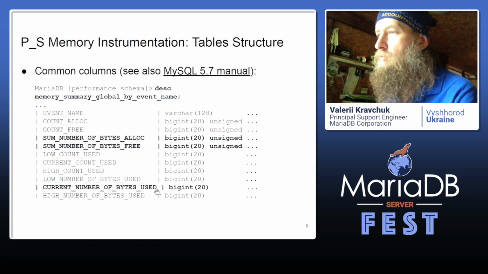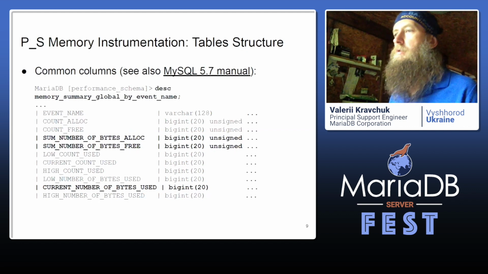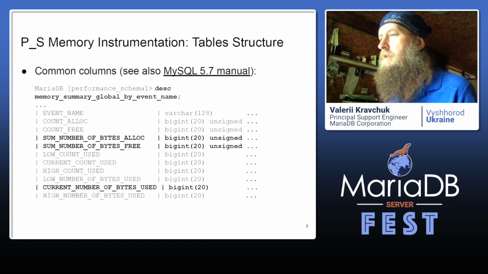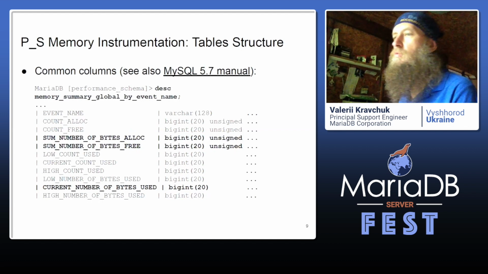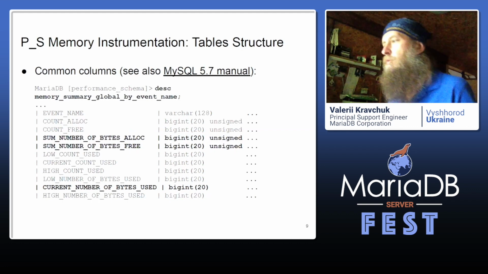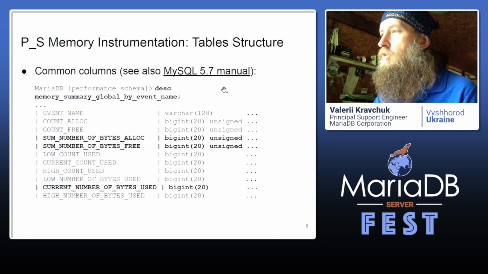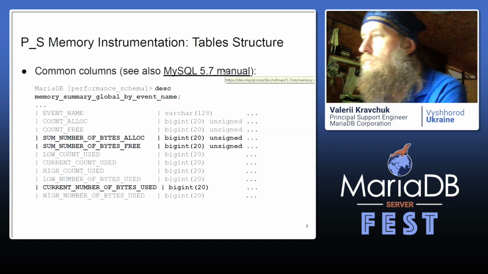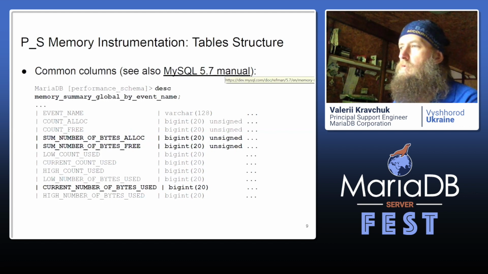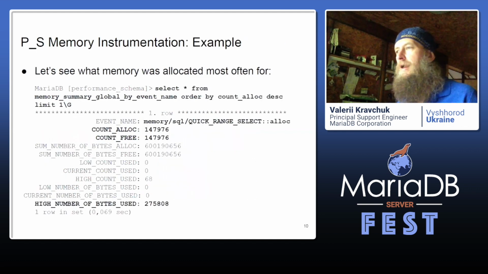So the first 2 are related to the latter of those highlighted: total allocated minus bytes freed is current number of bytes used. You also have high and low allocations historically, so you can see what was the largest allocation for this specific event. I really suggest you check the MySQL 5.7 manual, which is very detailed and has a lot of examples of this stuff.